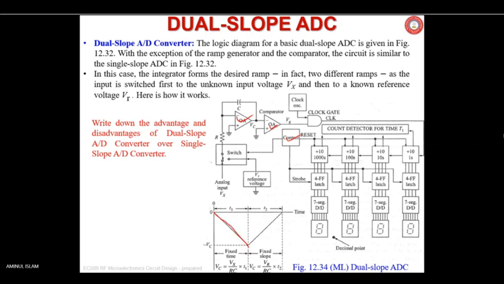First, the integrator is integrating from 0 to minus Vc, then it is further integrating from minus Vc to 0. So conversion time is double.